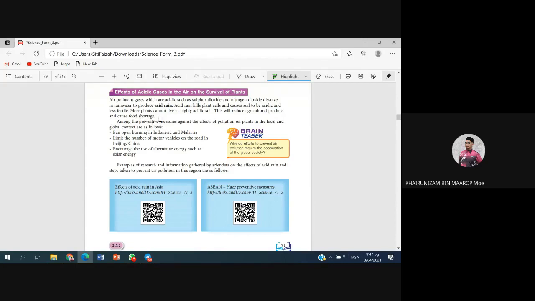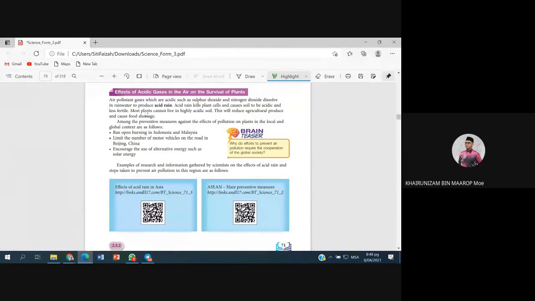Okay, itu efek dia lah. Bila sudah berlaku pencemaran udara, so akan ada sulfur dioxide and nitrogen dioxide, yang menjadikan acid rain, hujan asid. So hujan asid ini akan membunuh sel-sel tumbuhan dan akhirnya menyebabkan tanah-tanah pun berasid.